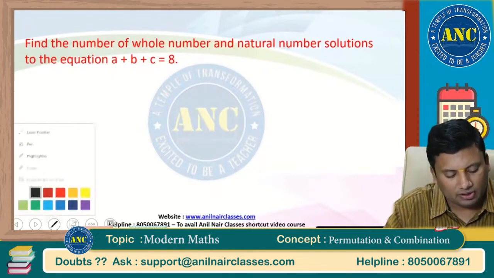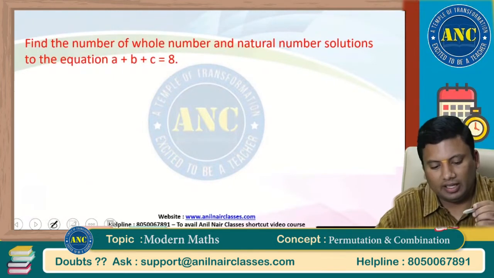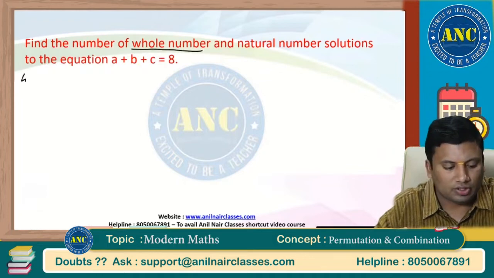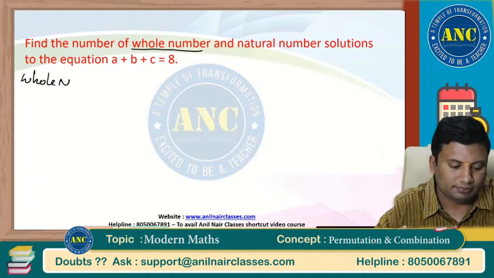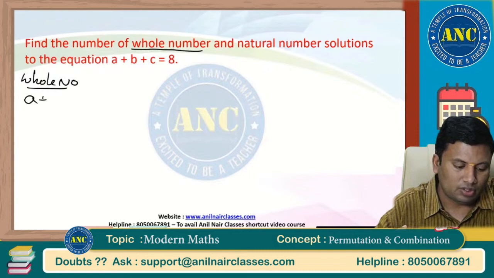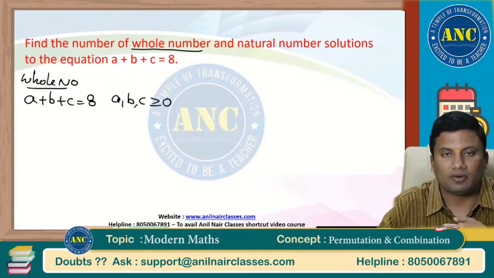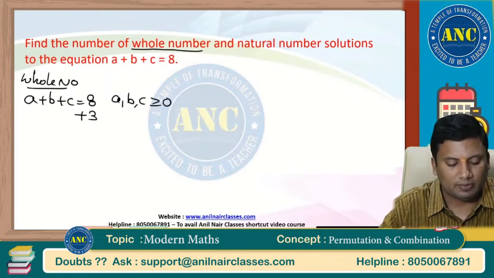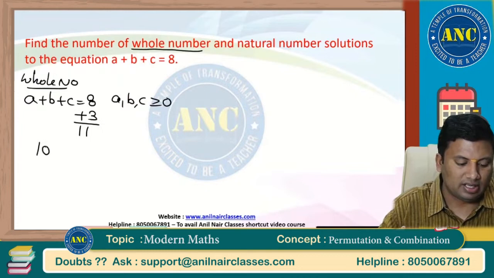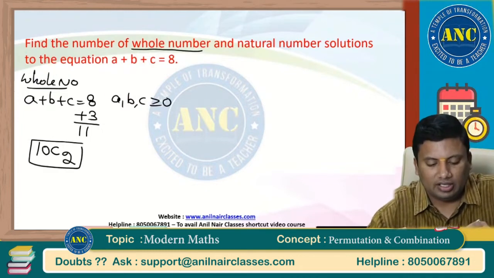One by one we will solve all the problems. Find the number of whole number solutions. a + b + c = 8, a, b, c ≥ 0. So it is plus 3. 8 plus 3 is 11. The answer is 10C2.